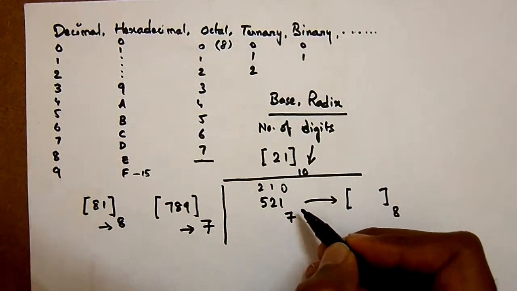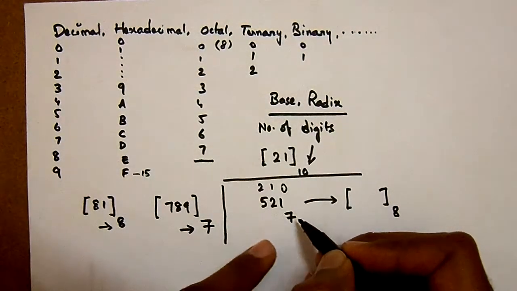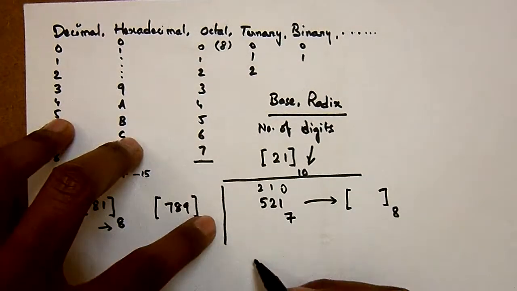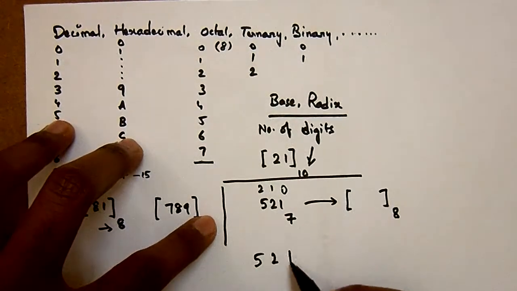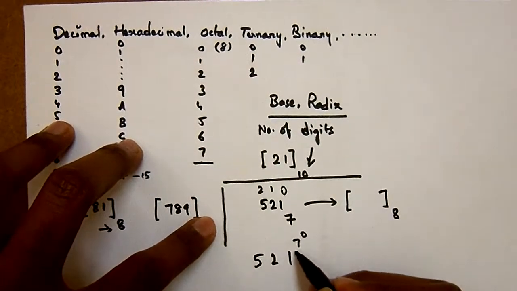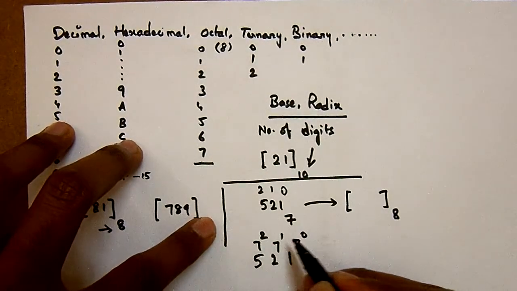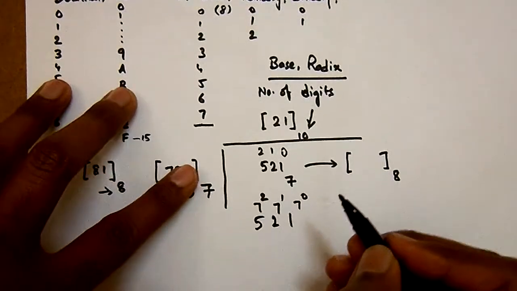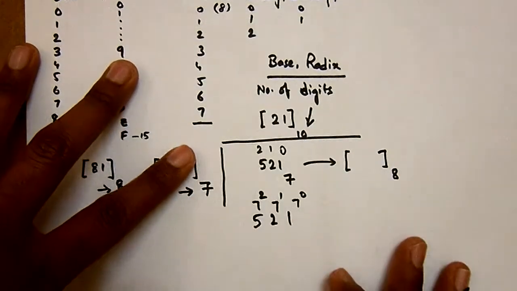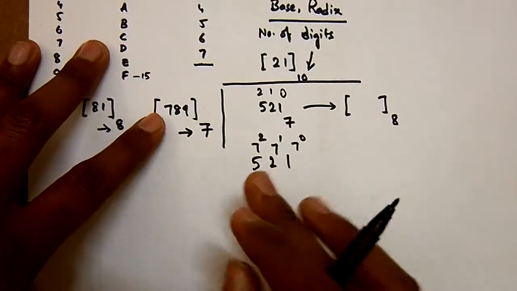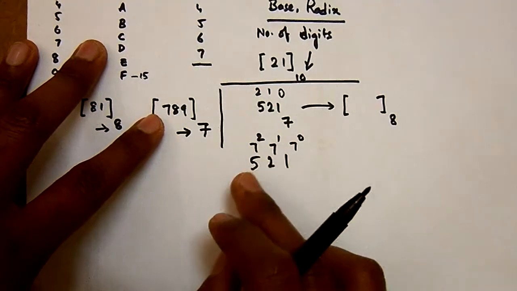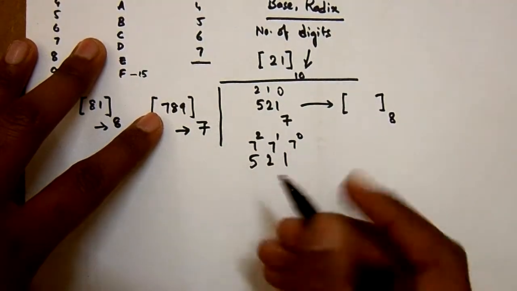That is the exponential equivalent of that base representation of the number system. If 521 is there, then this is 7 power 0, this is 7 power 1, and this is 7 power 2.